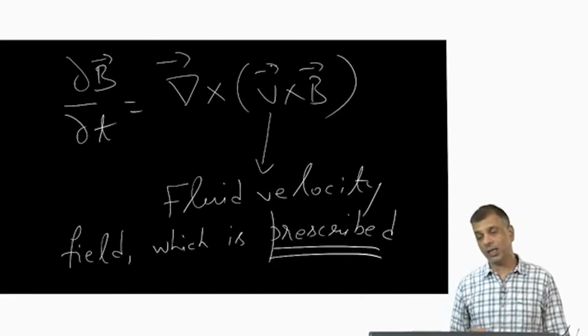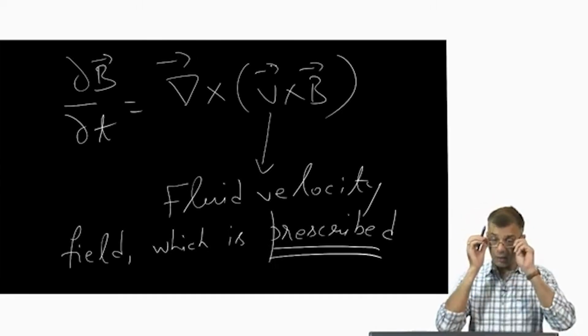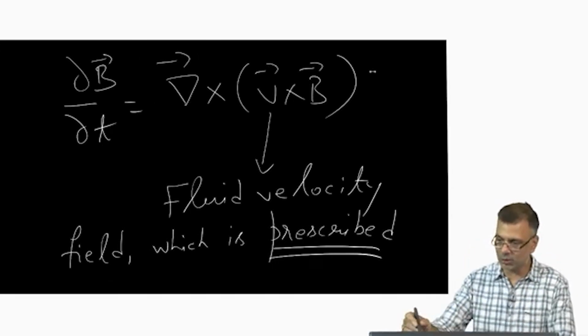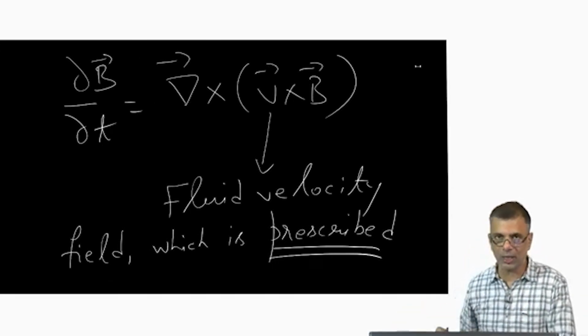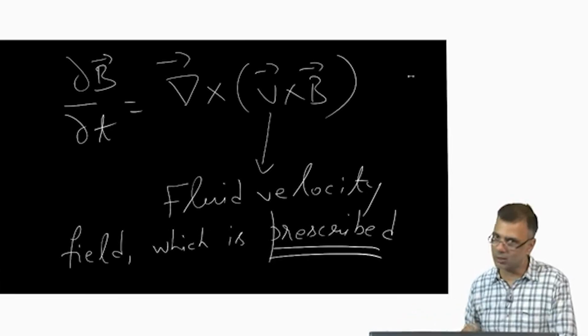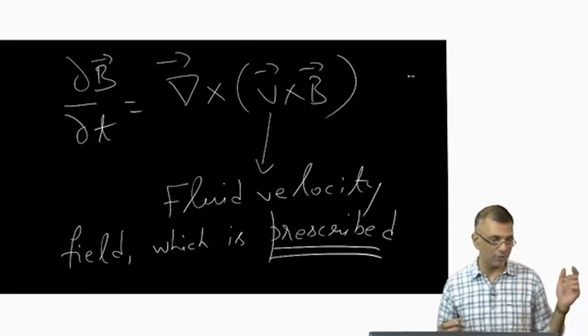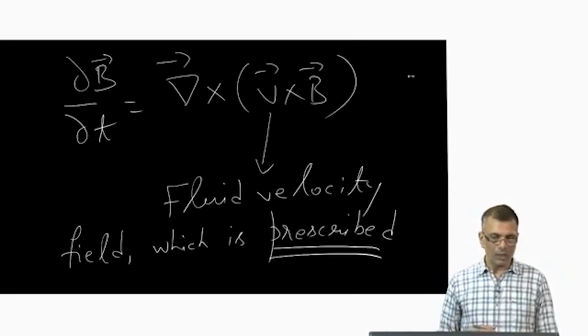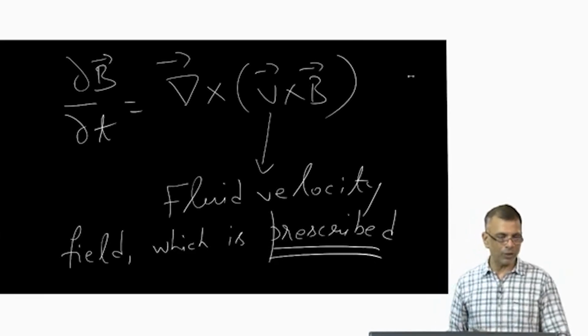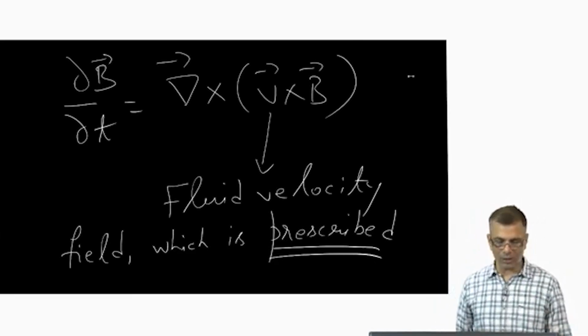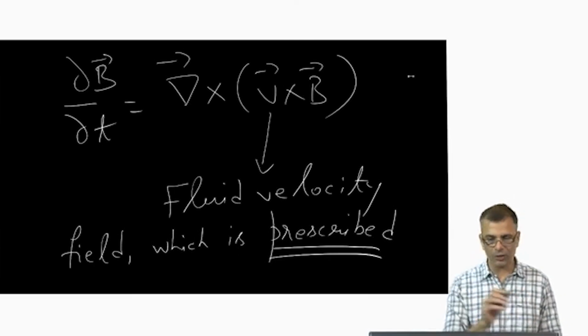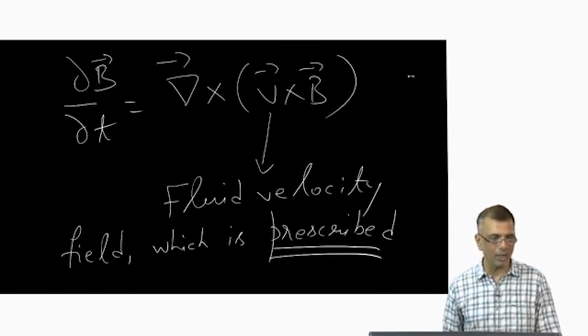Now this is ideal MHD, so there are no resistive terms. There is no grad squared B kind of resistive term here, because the conductivity is infinite. It turns out that the flux freezing theorem is a direct consequence of this induction equation, and let us try to see how.